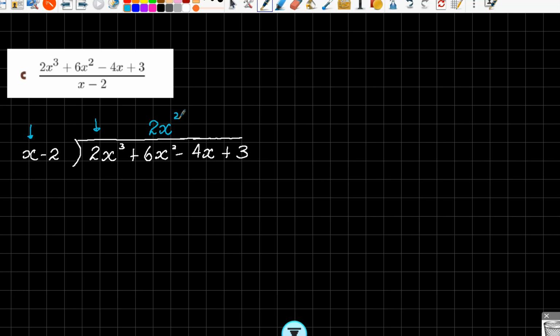And now we're going to multiply our divider by the 2x squared and pop it underneath. So 2x squared times x, 2x of the cube variety. And 2x squared times 2 is minus 4x squared.